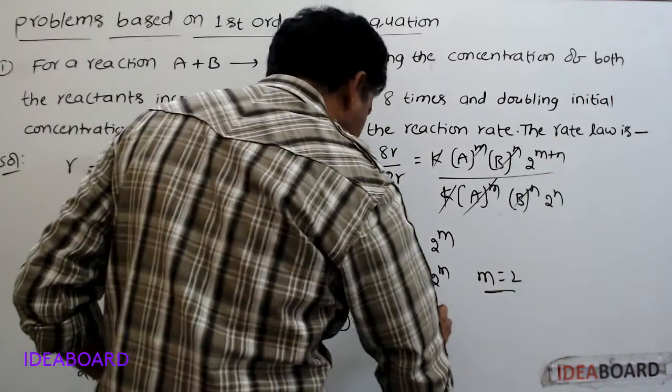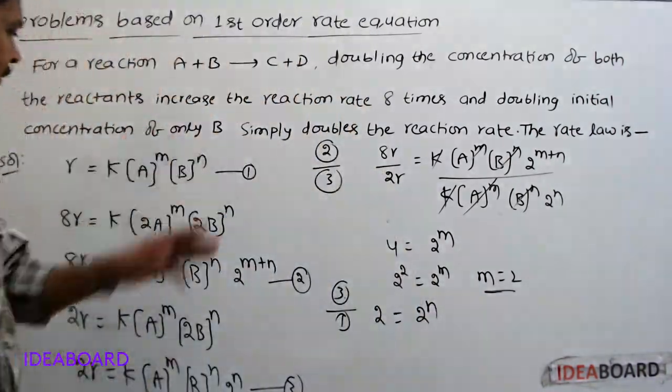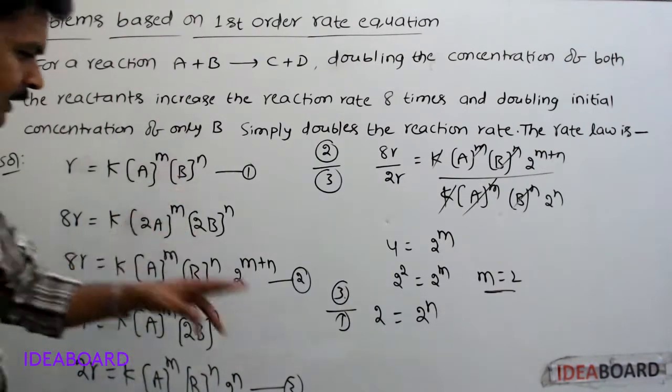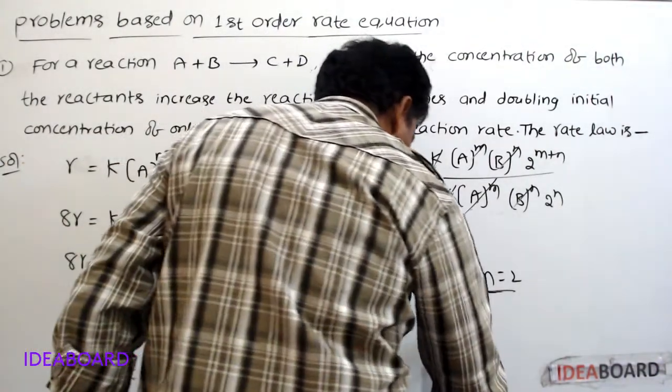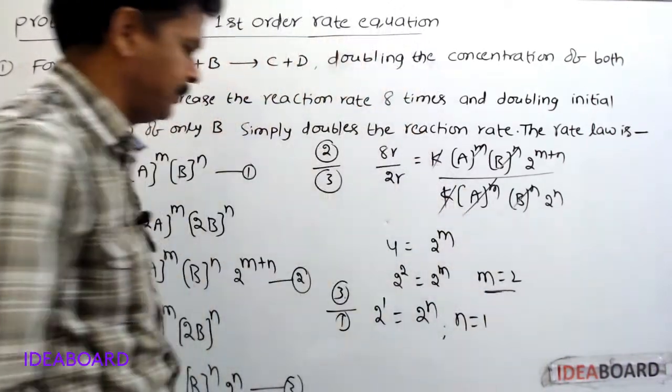We'll get only 2 power n. Remaining everything will get cancelled. Then n is equal to 1.